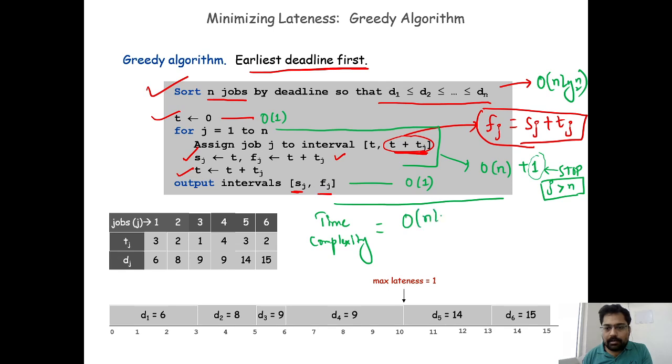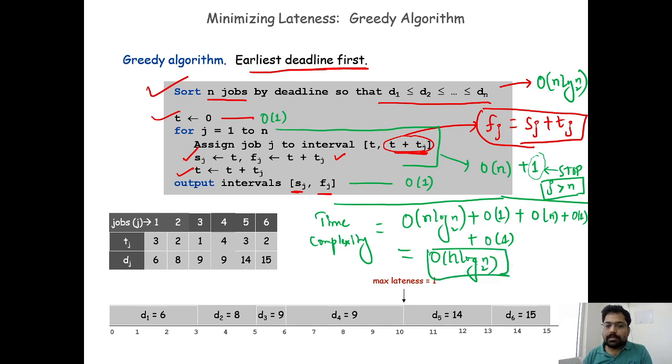So for this, the time complexity could be big O of n log n base 2 plus big O of 1 plus big O of n plus 1 plus big O of 1. This 1 is equivalent to big O of 1, not an issue. So out of this, the maximum is big O of n log n base 2.